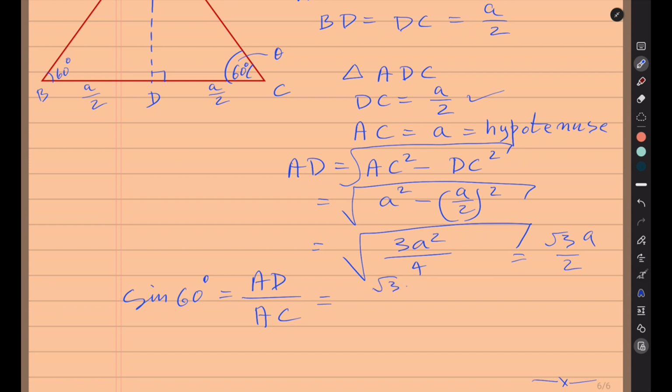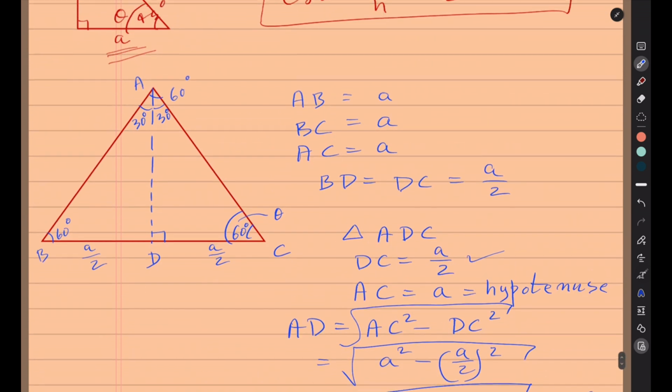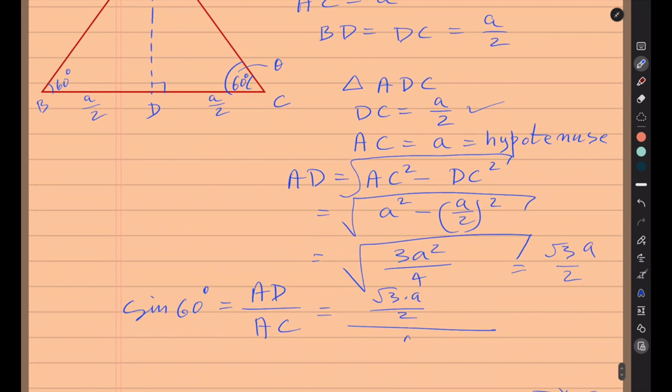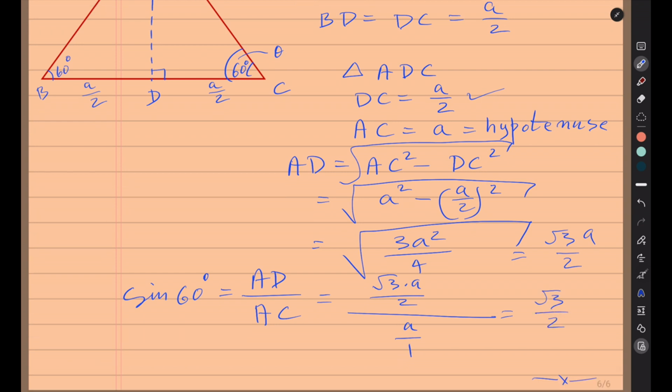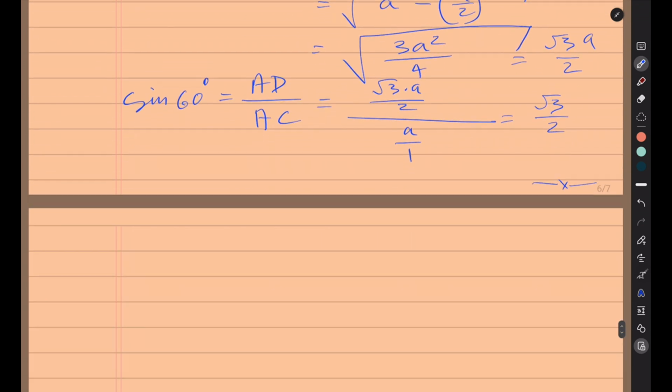AD is root 3 a by 2. AC, what is AC? AC is a. So root 3 by 2. So we have again proven that sine 60 degree is root 3 by 2.